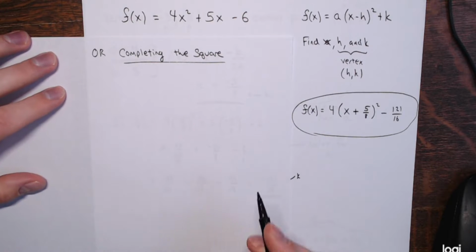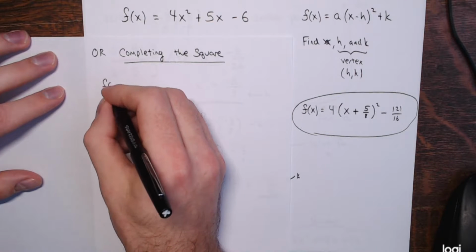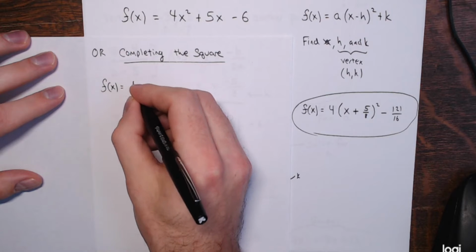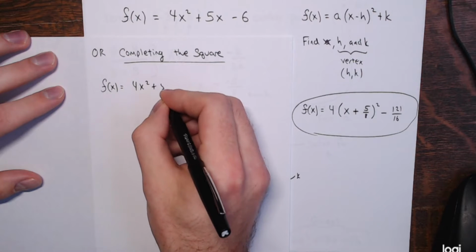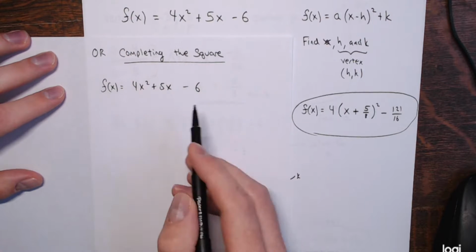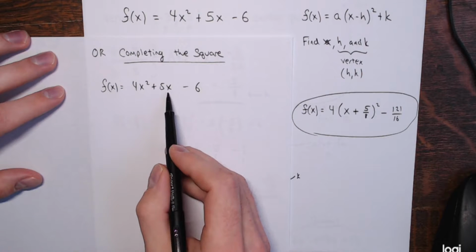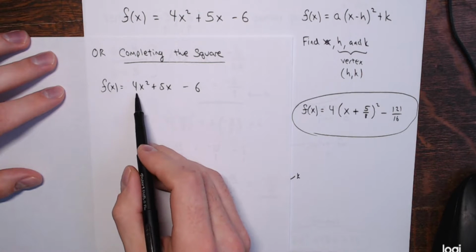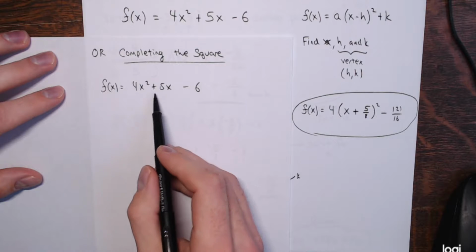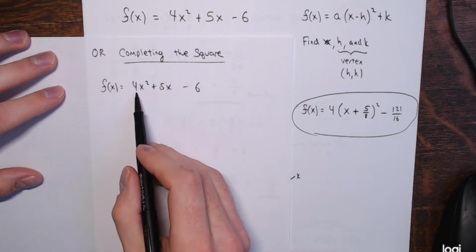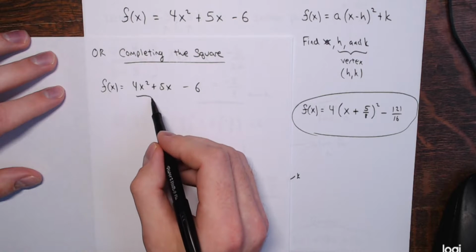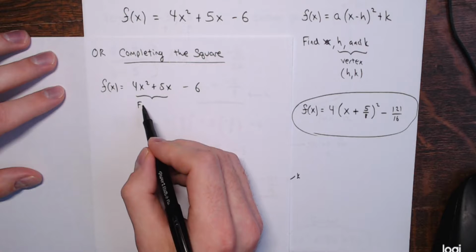So we have f of x equals 4x squared plus 5x minus 6. I'm going to complete the square on the terms with variables, 4x squared and 5x. But remember, to complete the square, the lead coefficient needs to be 1. So from these two terms, I'm going to factor out a 4.